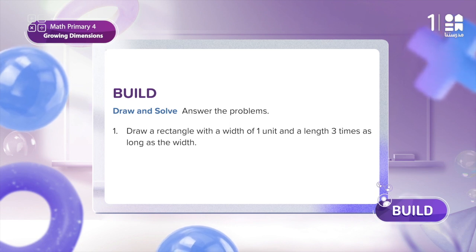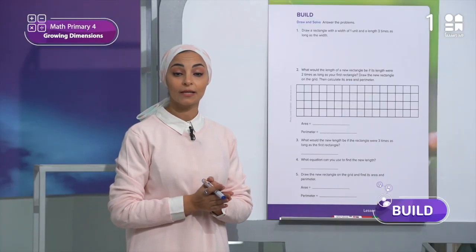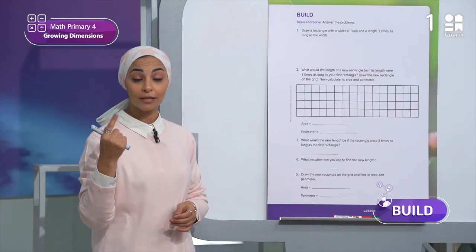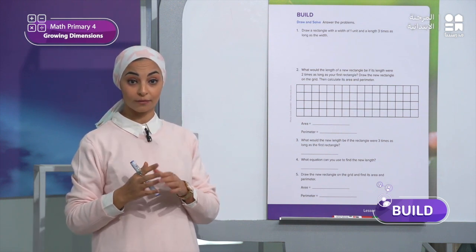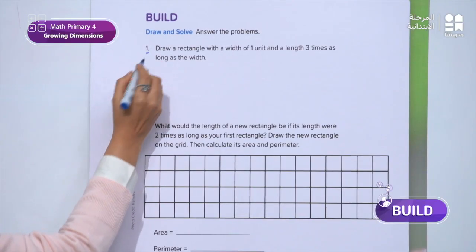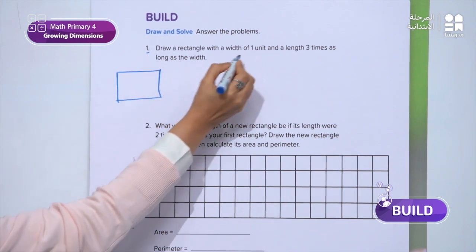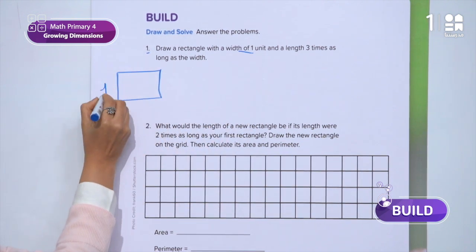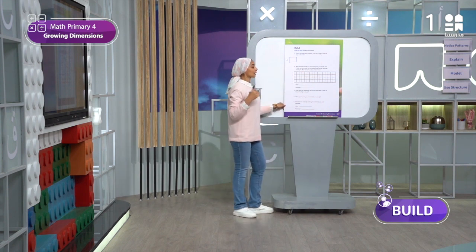Here in problem number 1, as you see, طب هو عايز مني ايه؟ عايزني ارسم rectangle الويدث بتاعي 1 unit and a length 3 times as long as the width. تعالوا نشوف كده. طيب يبقى انا هرسم rectangle. This is number 1. هرسم rectangle الويدث بتاعي 1 unit يبقى this is 1 واللينث 3 times as long as the width.